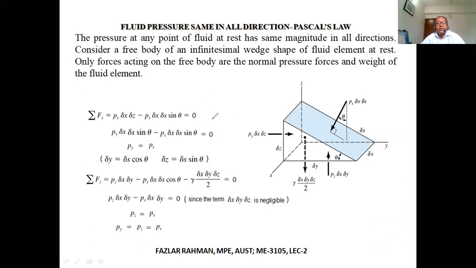We consider an infinitesimally small wedge-shaped fluid element. Infinitesimal means very small. Wedge-shaped means you have a brick and you take half of the brick. It remains at rest inside a fluid.